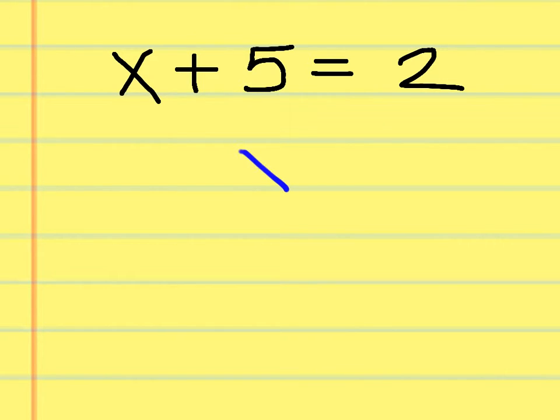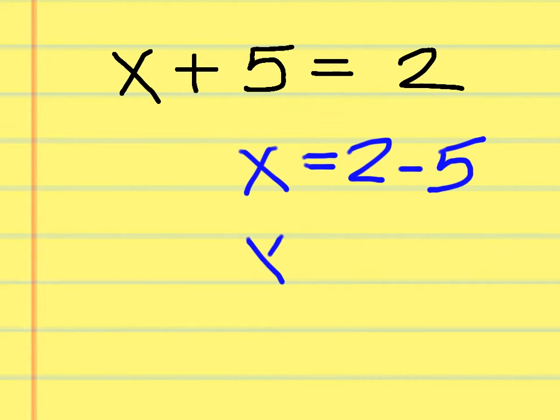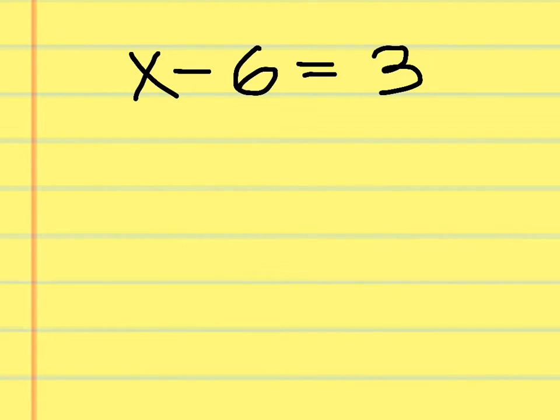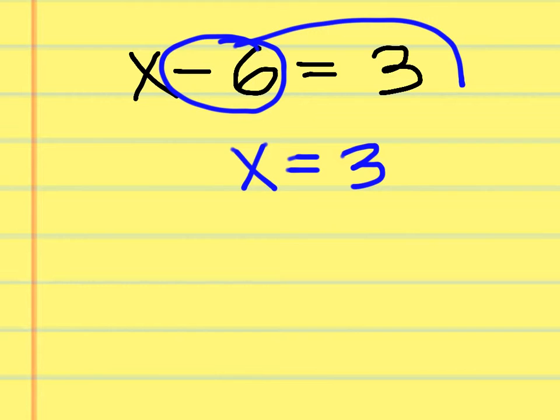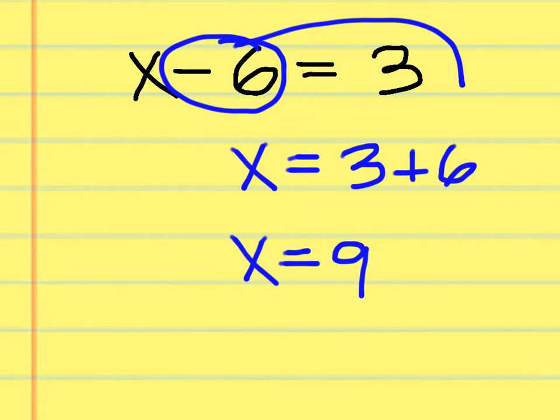You must leave this x on the left and move the 5 to the right, make it minus 5. 2 minus 5 is negative 3. Leave the x on the left, move the minus 6 to the right side, make it plus 6. Answer should be 9.